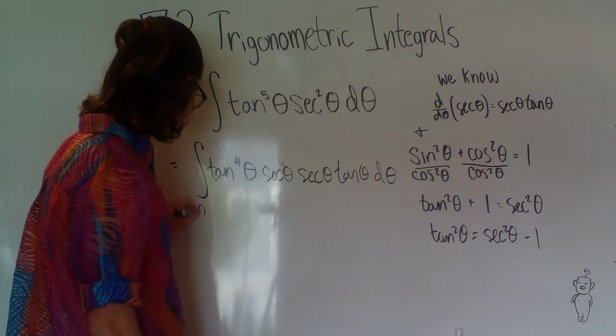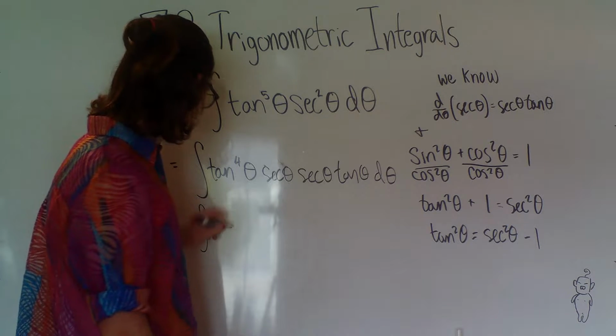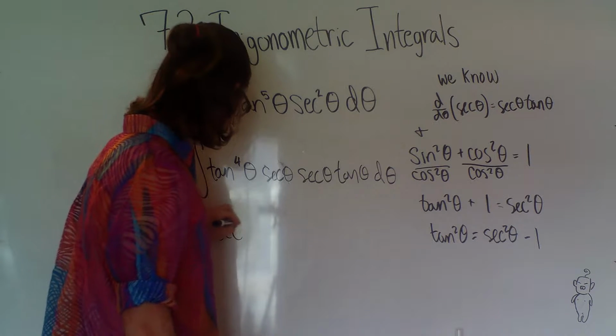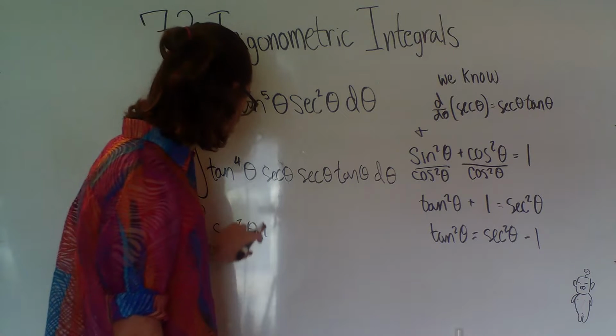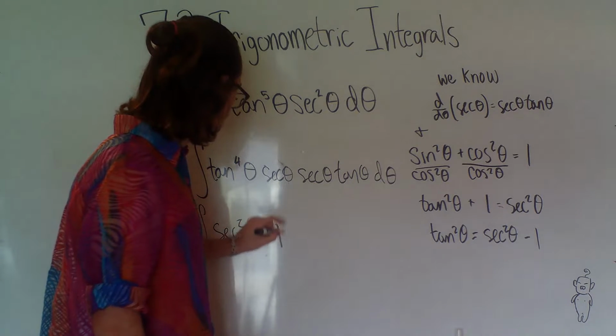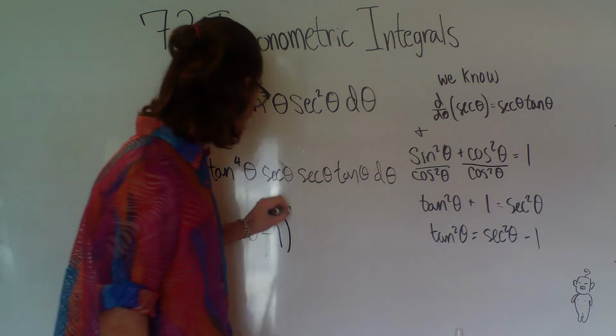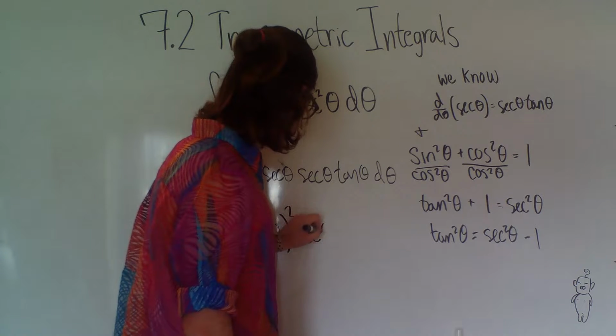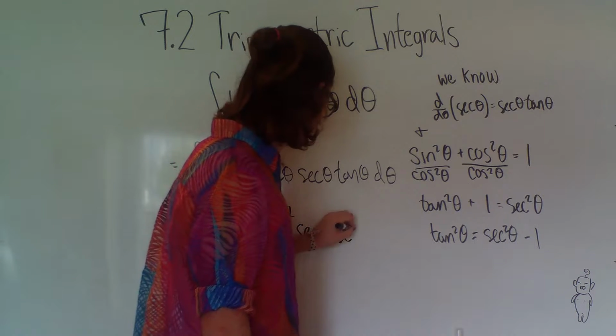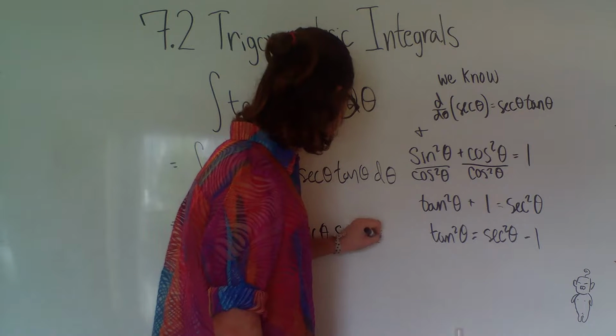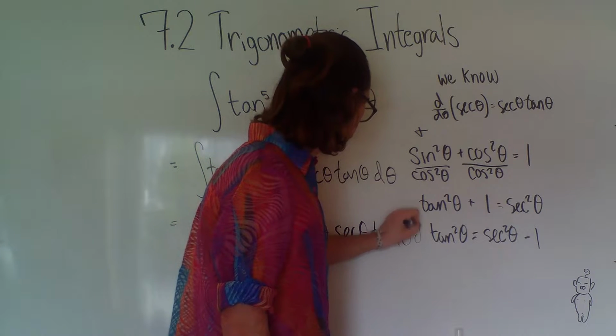So we can rewrite this as the integral of secant squared theta minus 1, squared, times secant theta times secant theta tan theta d theta.